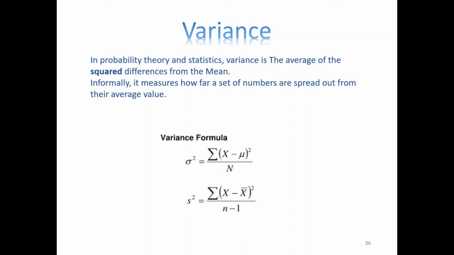If we would have taken the absolute distances or directly added the distances, in that case the positive and negative distances would have cancelled out each other and given us 0 as a result.